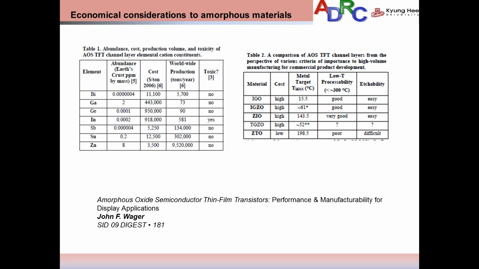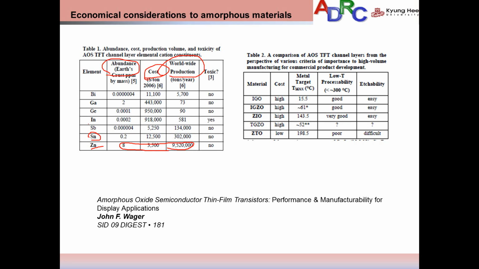But if we have a look at the different atoms' abundance in the Earth's crust and their cost and their worldwide production, we can see that actually zinc is maybe the one which is the most affordable, and also tin can be used easily.